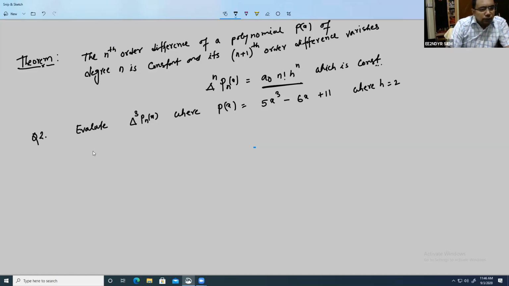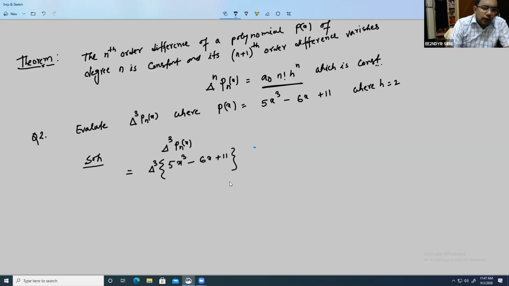So the solution. What is the question? Del to the power 3 P(x). This is your del cube. Now tell me, what is your P(x)? P(x) equals 5x cube minus 6x plus 11.